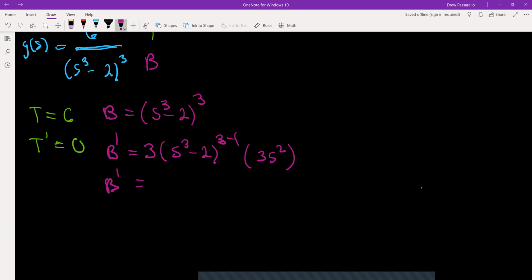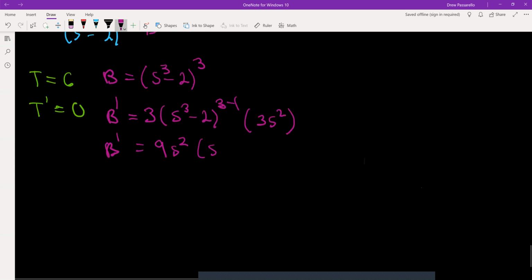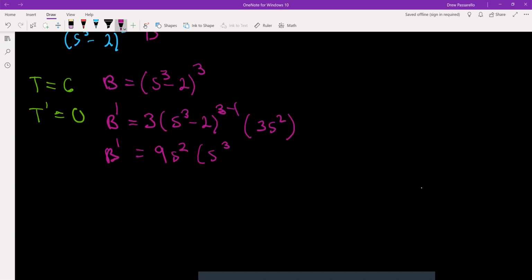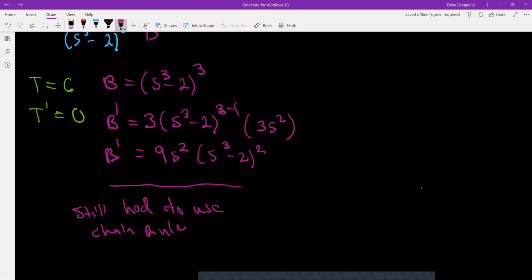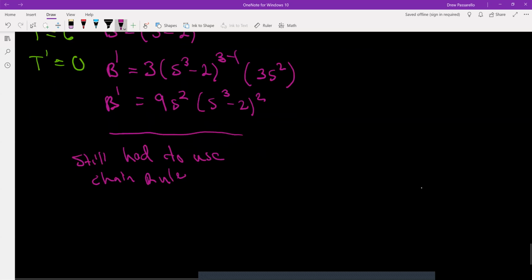So if I combine it, it'd be 9s squared times s cubed minus 2 raised to the second power. I'm going to stop it there because it's going to be messier anyway, and I still had to use the chain rule. So it's more work than necessary.